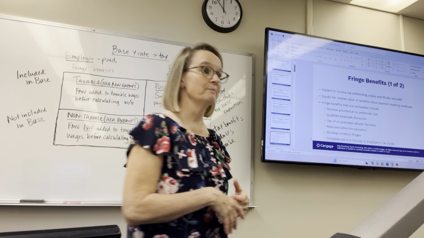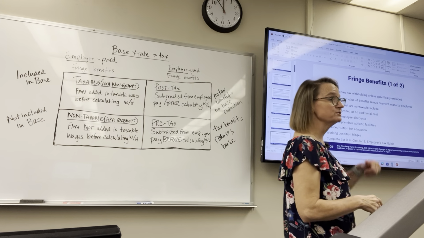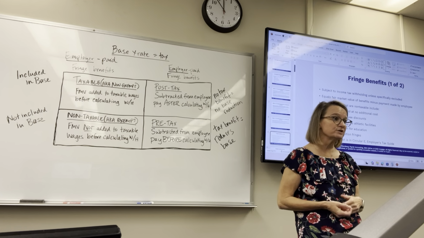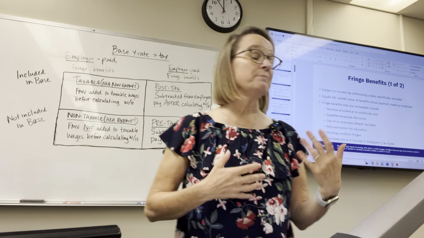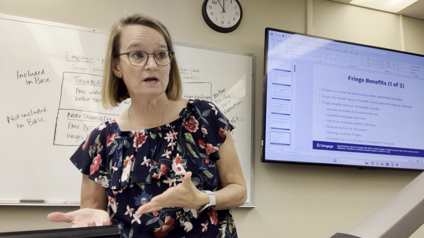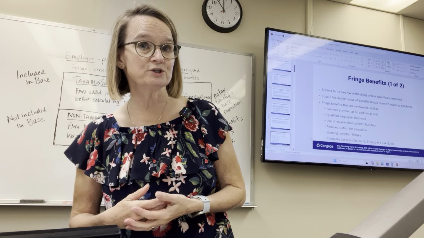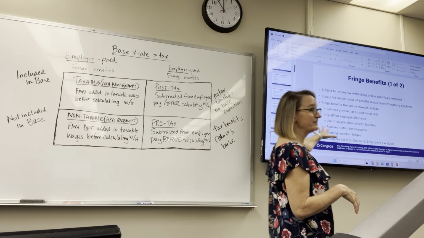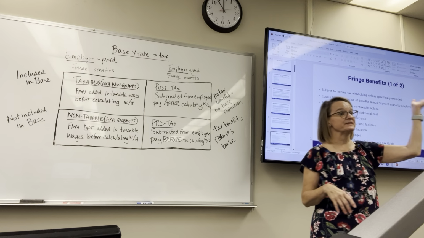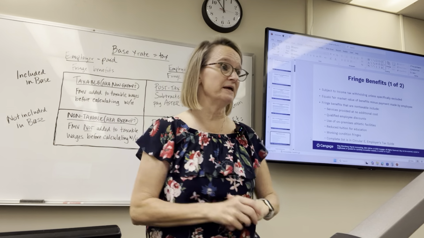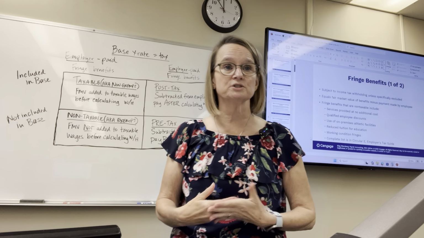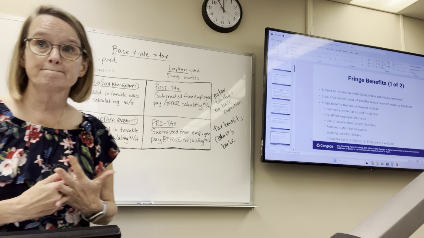They'll help pay for your master's degree. Up to $5,250 a year of that tuition is not taxable to the employee. If they pay $6,000 a year toward tuition for the employee, the first $5,250 is not taxable, but the extra $750 would then be added to the tax base of the employee and would be subject to withholding and would be taxable. Okay.